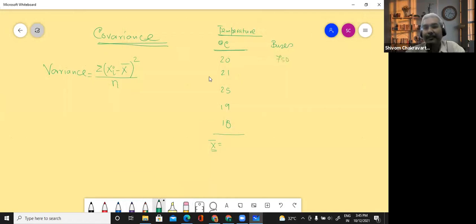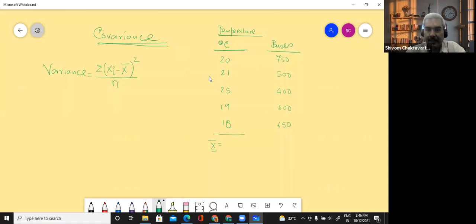So 750, 500, say 600, 600. So we can try to find out how these two variables vary together.